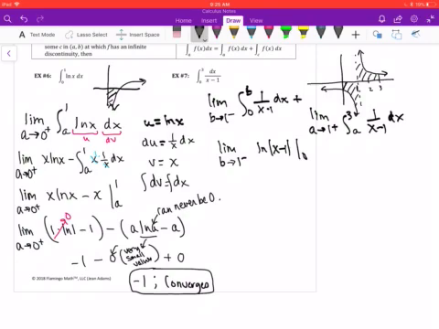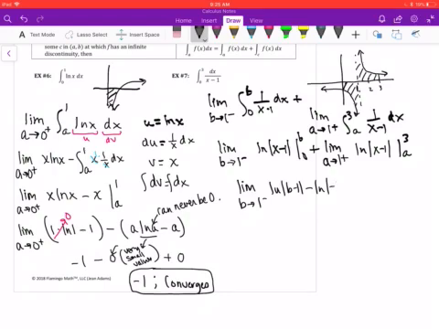Did you catch me? I hope you caught me. So from 0 to b, plus, and then this would be the limit as a approaches 1 from the right, ln absolute value of x minus 1 from a to 3. Okay, so now limit as b approaches 1 from the left, ln absolute value of b minus 1 minus ln absolute value of -1.